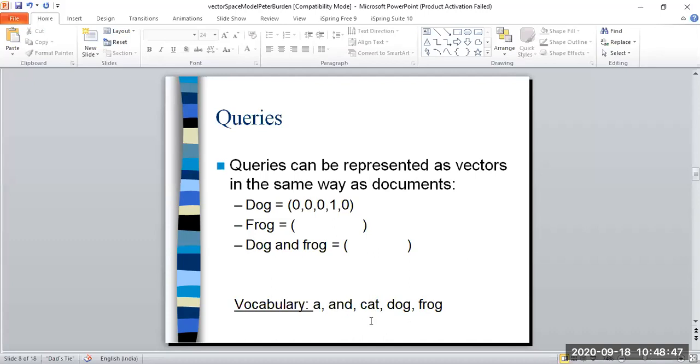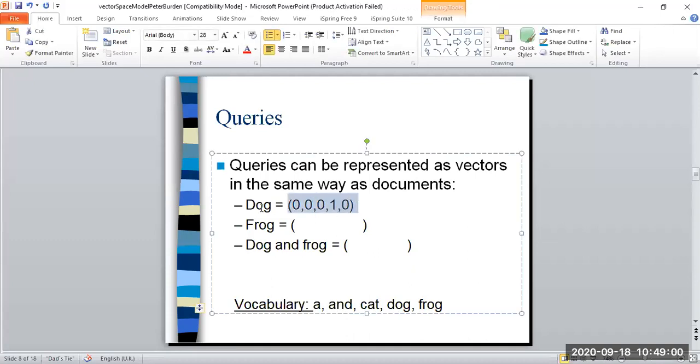Since we are looking for dog, a will be 0, and will be 0, cat will be 0, dog will be 1, and frog will be 0. So we will use this dog query.